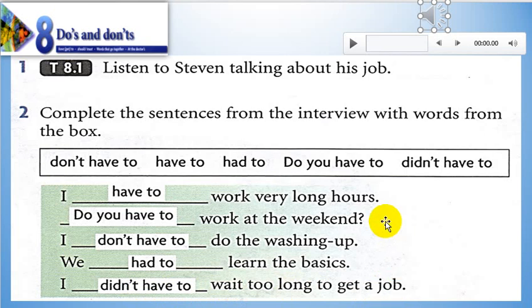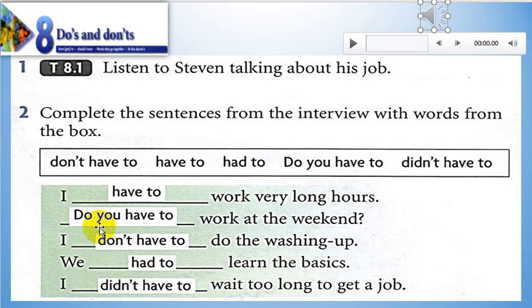Obviously, this exercise is to practice using have to in question form and in negative form and in the past tense. Now, the first sentence is about using have to in the present form, positive statement.